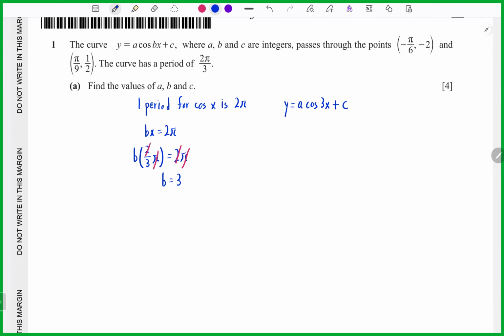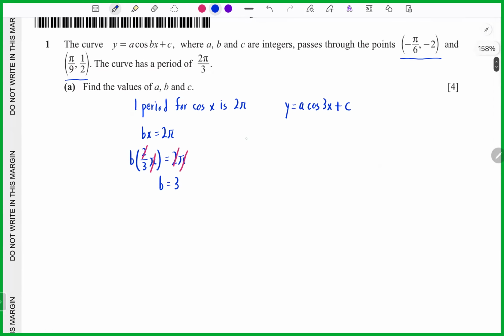Now we can substitute the values for those coordinates first. a cos 3x, with x equals negative pi over 6, plus c equals negative 2.